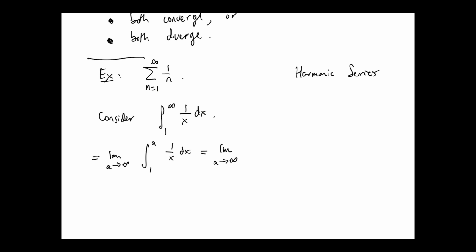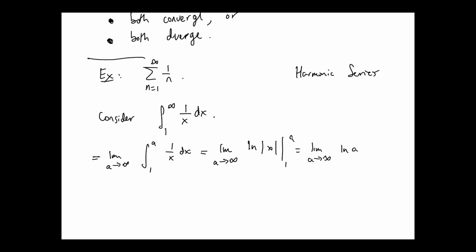Well, it's an improper integral, so I need to think of it as the limit of a proper integral. What's the antiderivative of 1 over x? Natural log. And what's the natural log of 1? Zero, so I don't have to worry about it.